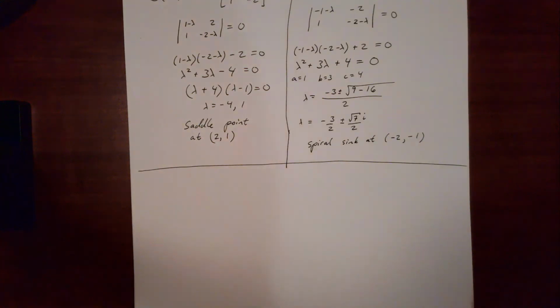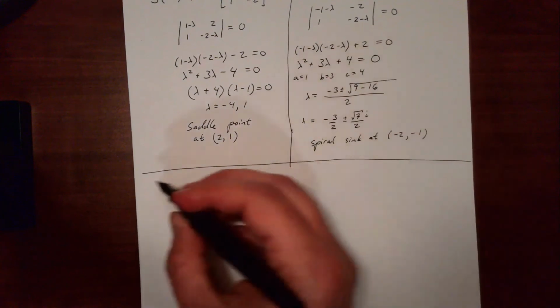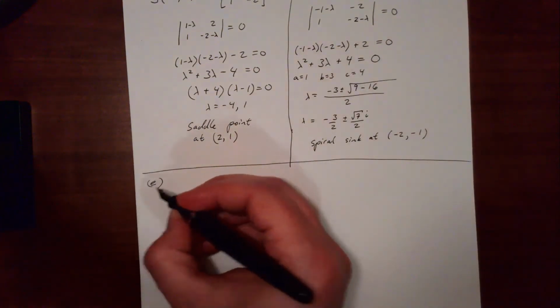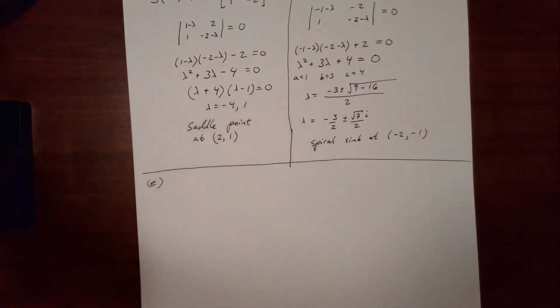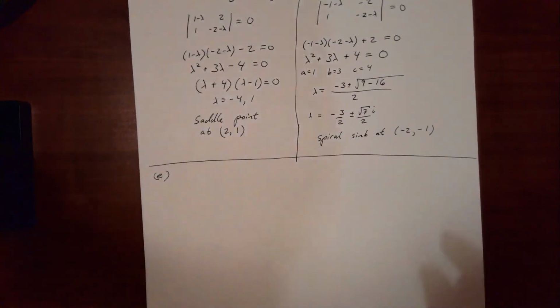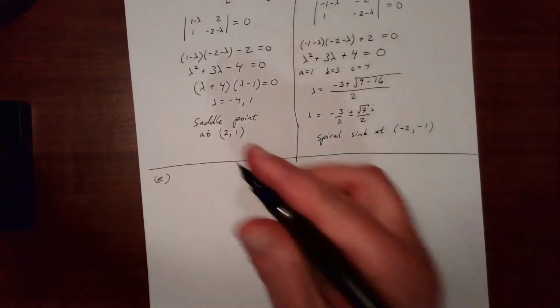Okay, so those were some warm-ups, and now the competing species model, which, if you remember, we actually already found all the equilibrium points of by looking at the null lines and finding their intersection. But let's take this from the top, doing it this new way.